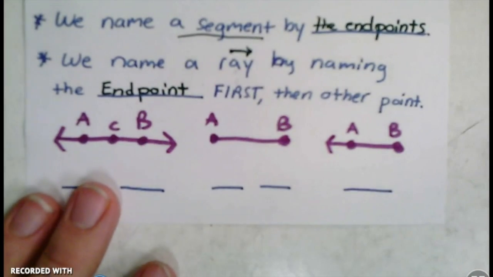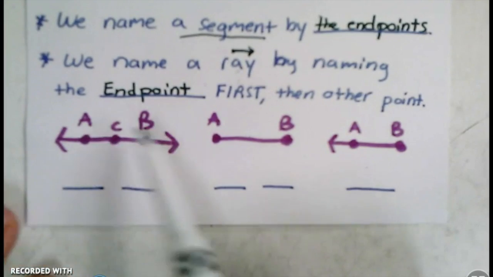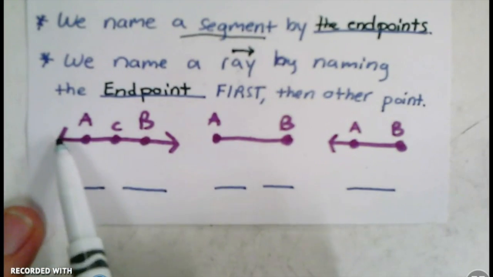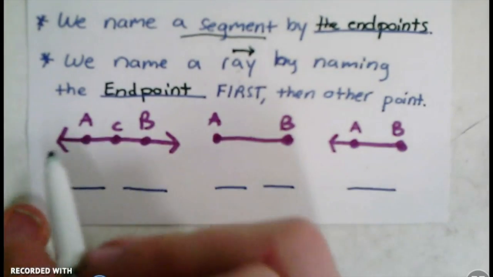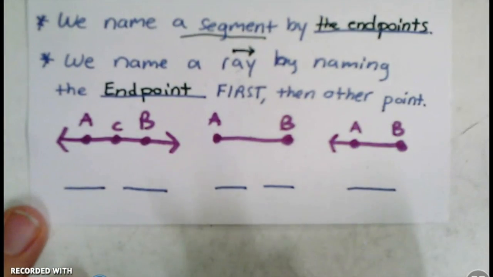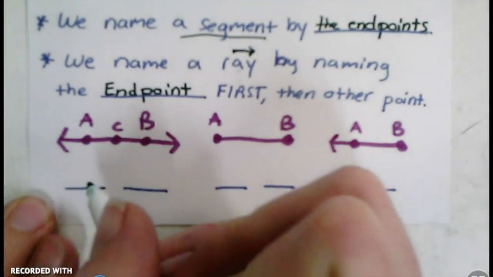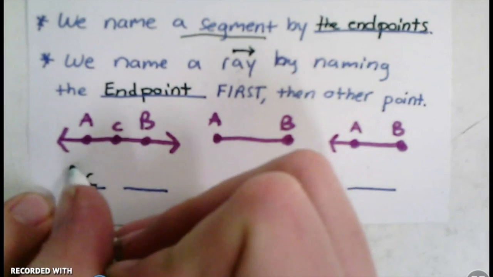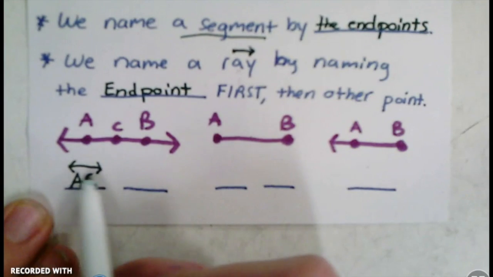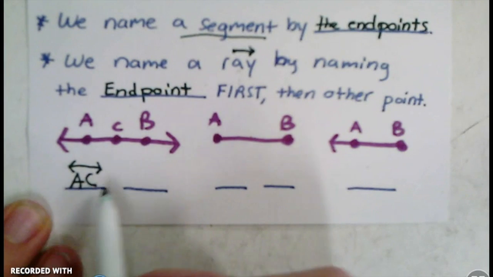Here we have a line. I know it's a line because it has arrows on the end, so I can pick any 2 points on this next to each other. So this is line AC, and I'm going to draw this symbol above it that looks like a little line. That tells me that this is a line.